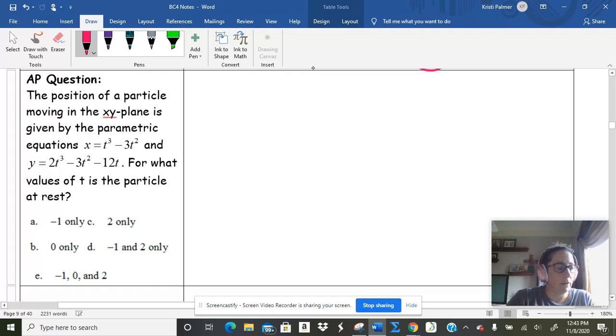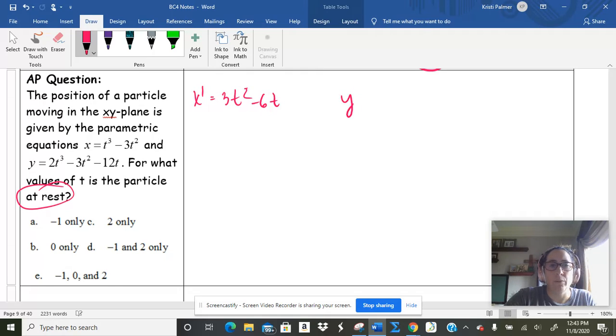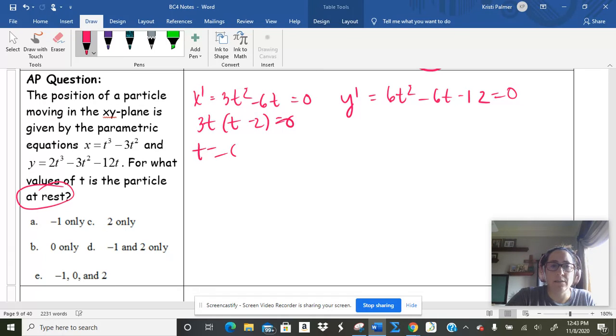So let's start looking and see if we can see where the particle is at rest. So let's review that. For particle at rest, I need the first derivative for both of these, and I need to see where they are both 0 at the same time. This one is at 0 and 2.